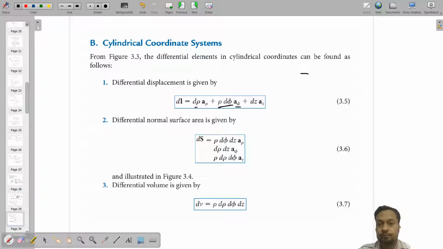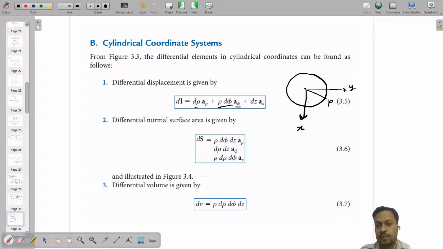Consider the top view of the cylindrical coordinate system. This is the y coordinate and this is the x coordinate. First of all, take a point P between these coordinates.